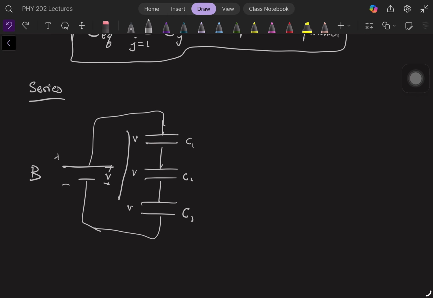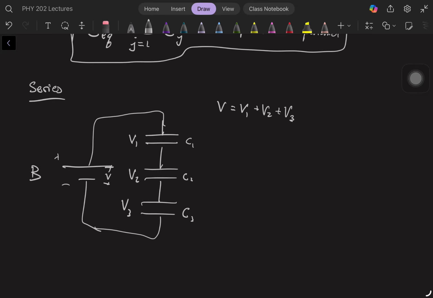We can't do that, right? Whatever drop we have has to be equal to whatever we give it. So we'll go ahead and call these V1, V2, V3 with the expectation that V is V1 plus V2 plus V3.